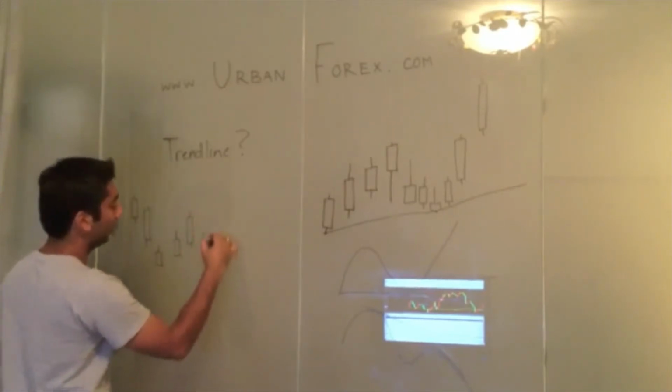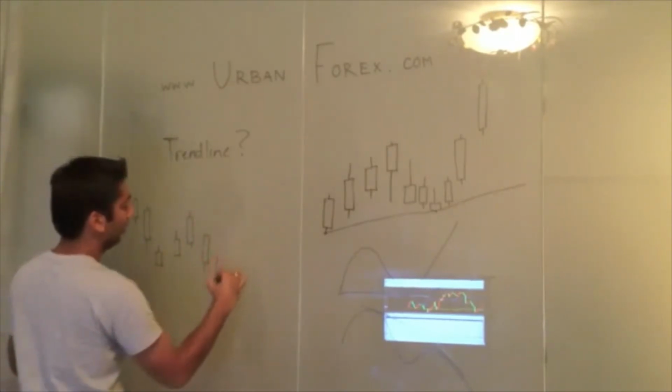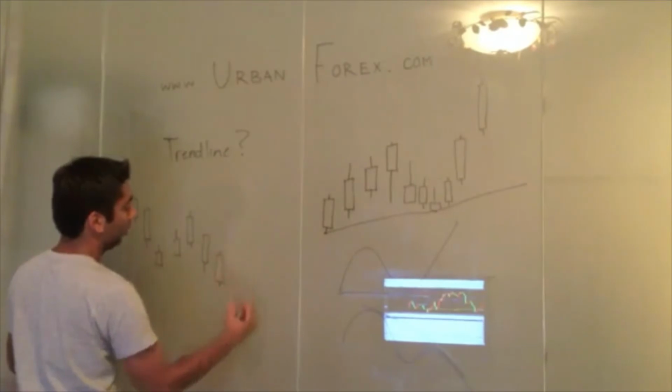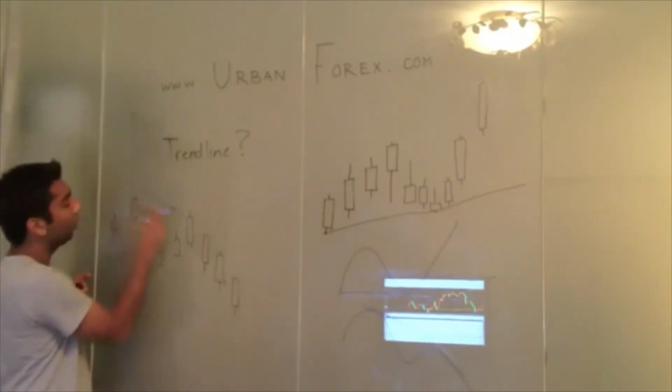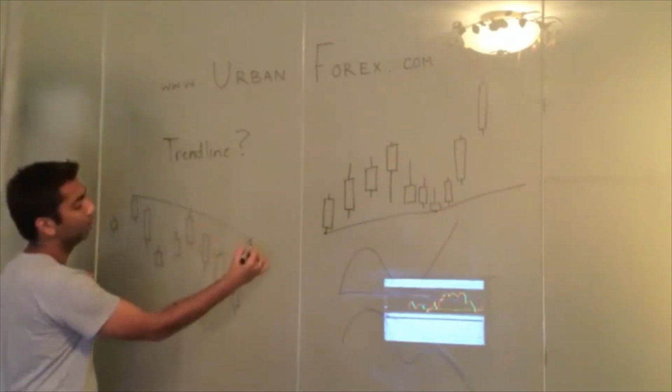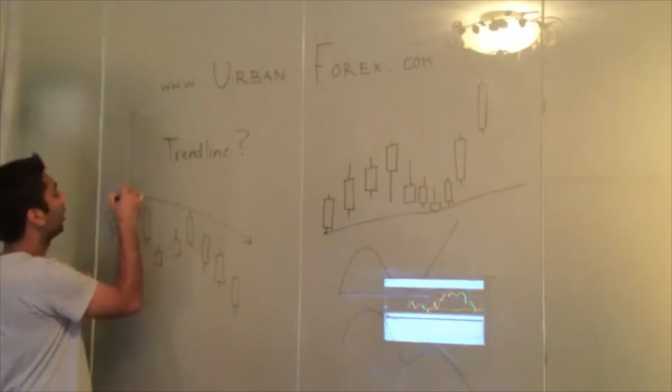And then it continues down again. Okay, this is a downtrend example. You connect your tops from here to there. Gives you an idea which way the market is going.